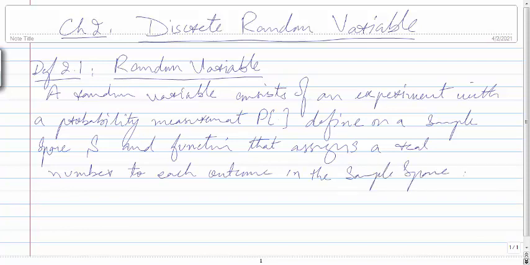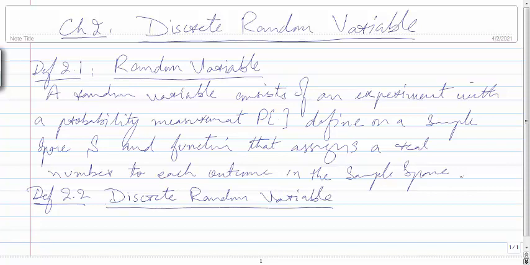So the main idea about a random variable is to assign a real number to the outcomes which have some probability. So it is known as a random variable. Now in this chapter, we discuss discrete random variables. So what is a discrete random variable?